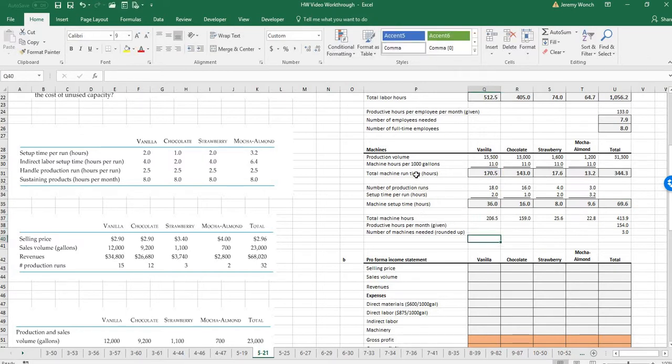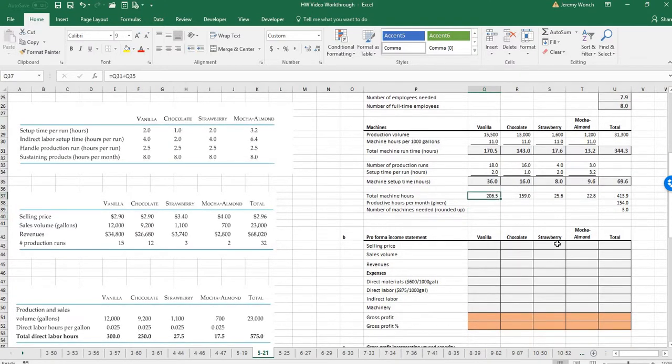So our total machine hours, so both for runtime and setup time, for each one of our different kinds of ice cream, and in total. And so given in the problem, it says that the productive hours per each machine is going to be 154 hours. And so if we put in a round function here, that means that we need 3 machines to make all this ice cream.